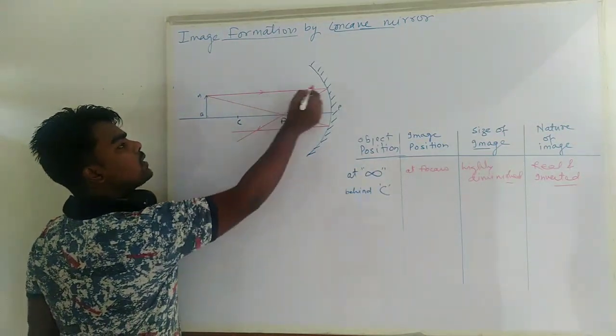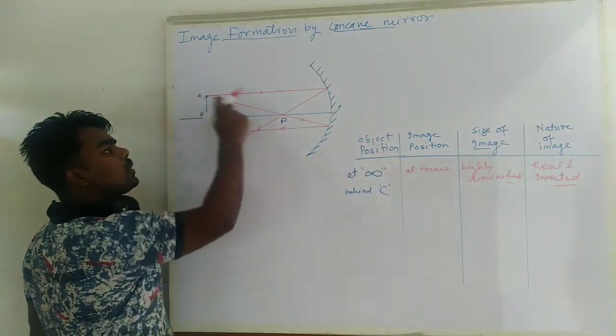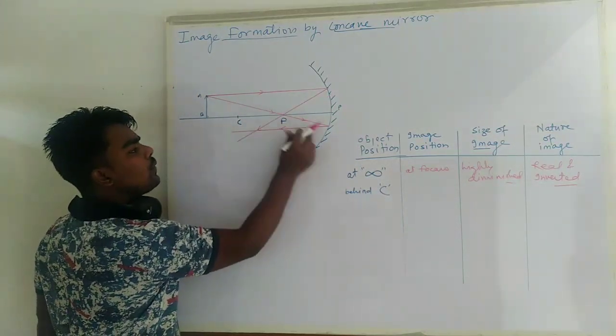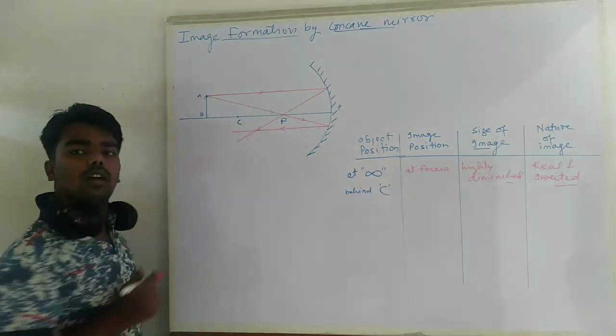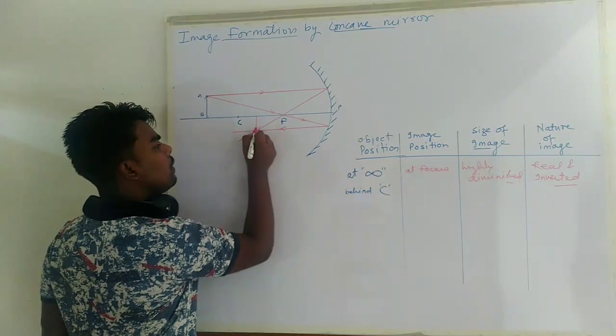And see, this was the incident ray, after reflection it has passed through the focus, and this was the second incident ray which was going through the focus, after reflection it is parallel to the principal axis. So here they are intersecting, so the image will form here.